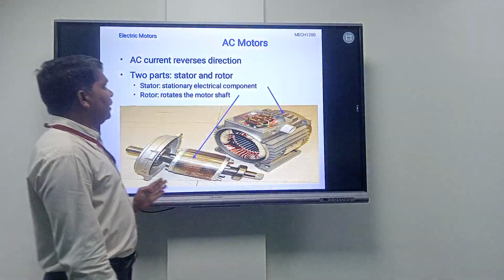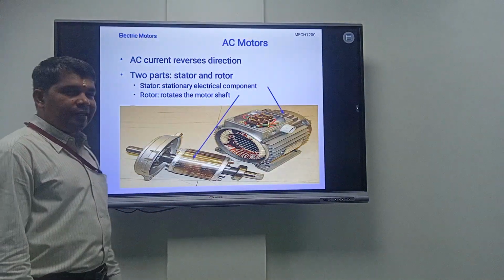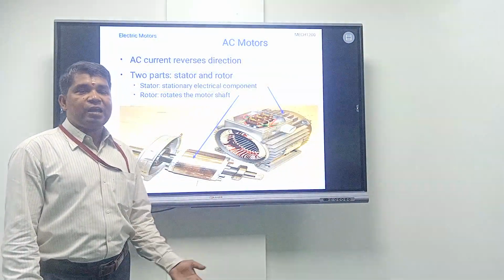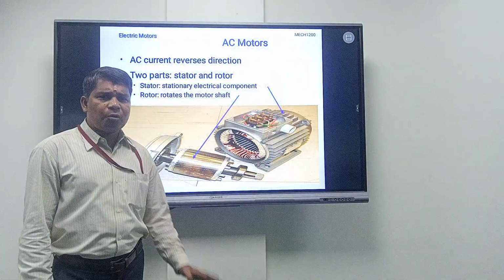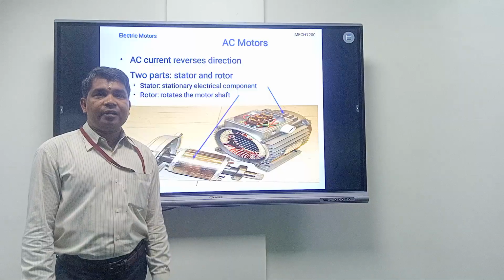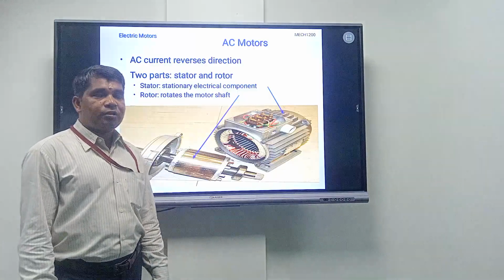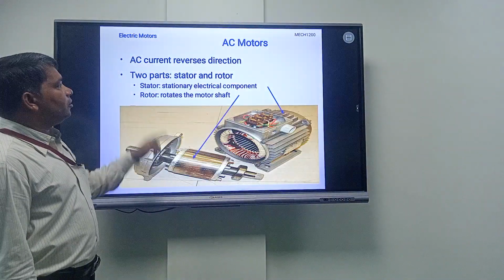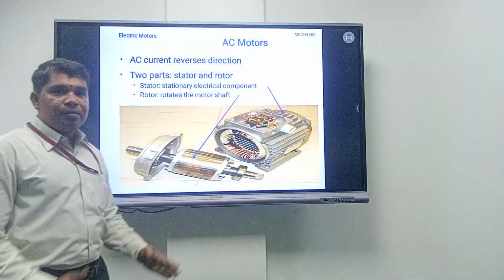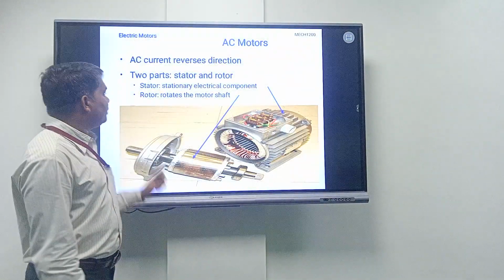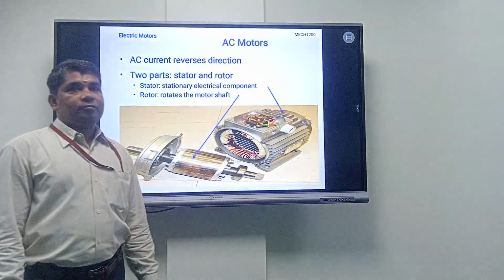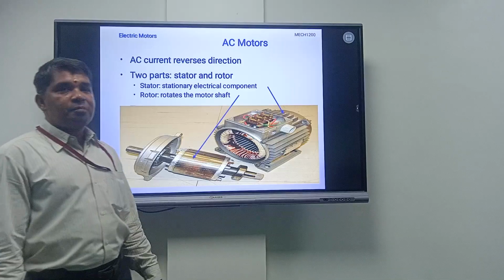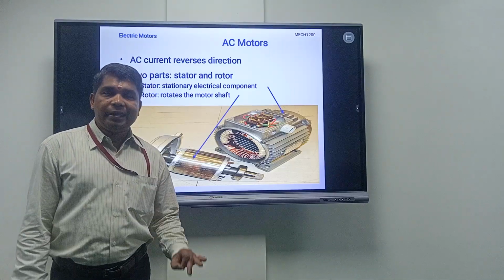But when we come to AC motors or AC alternators, we have different names. The stationary part of the machine is called the stator, and the rotating part of the machine is called the rotor. So we have specific names, stator and rotor, in AC motors.